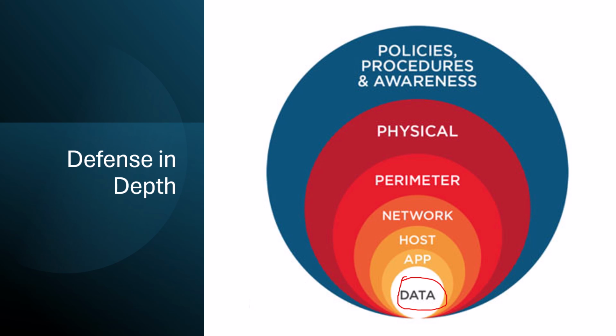You need to protect the apps, the apps where that data resides. And those applications are hosted somewhere, which is the devices. And then those devices are part of a network, and that network has some perimeter, and you need to protect that.